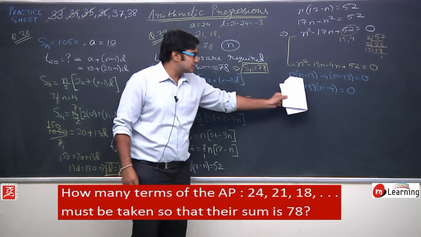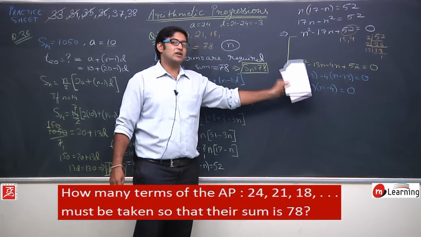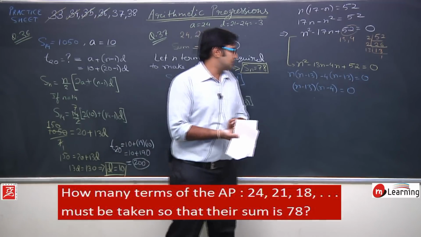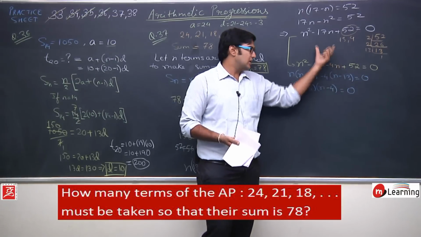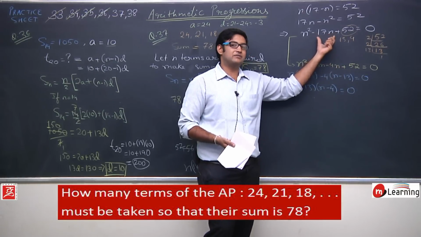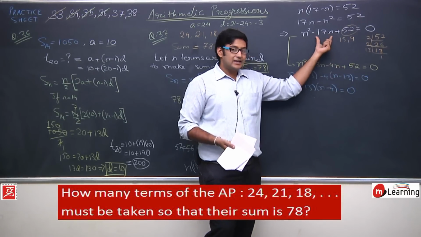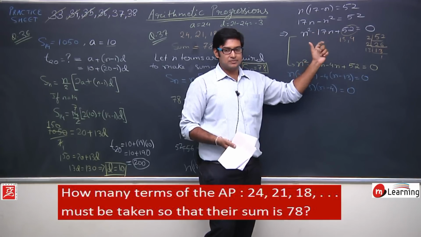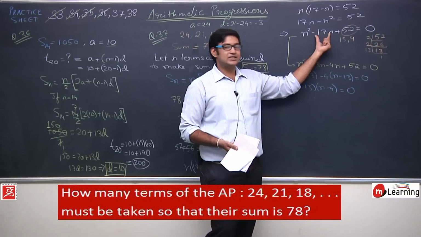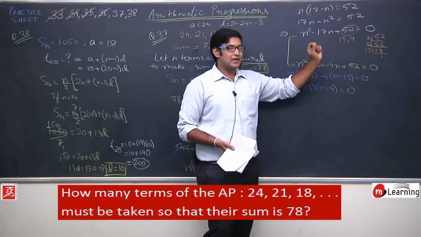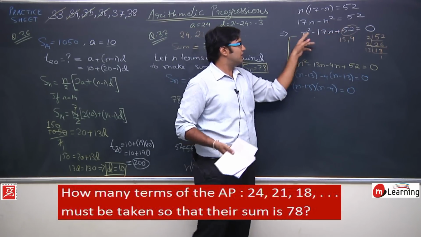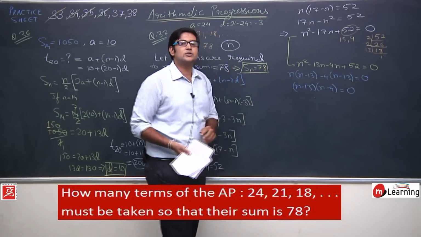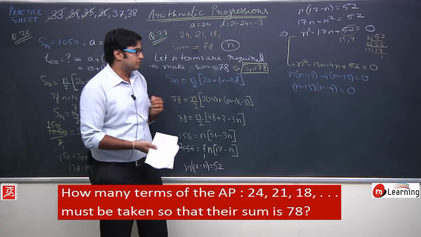Now observe, this is what you have learned in quadratic equations. This is the splitting the middle term method. I have split this middle term in such a way that by adding or subtracting the terms I should get minus 17n, and by multiplying I should get 52n square.